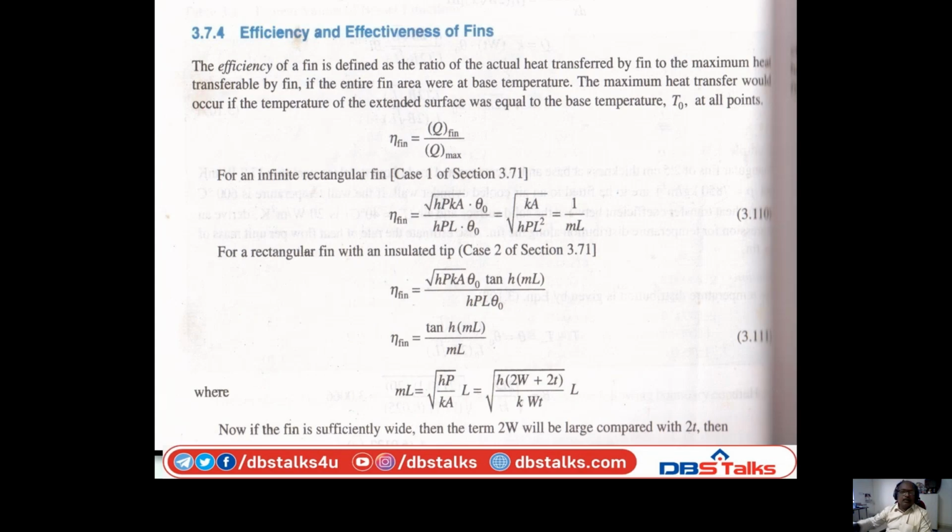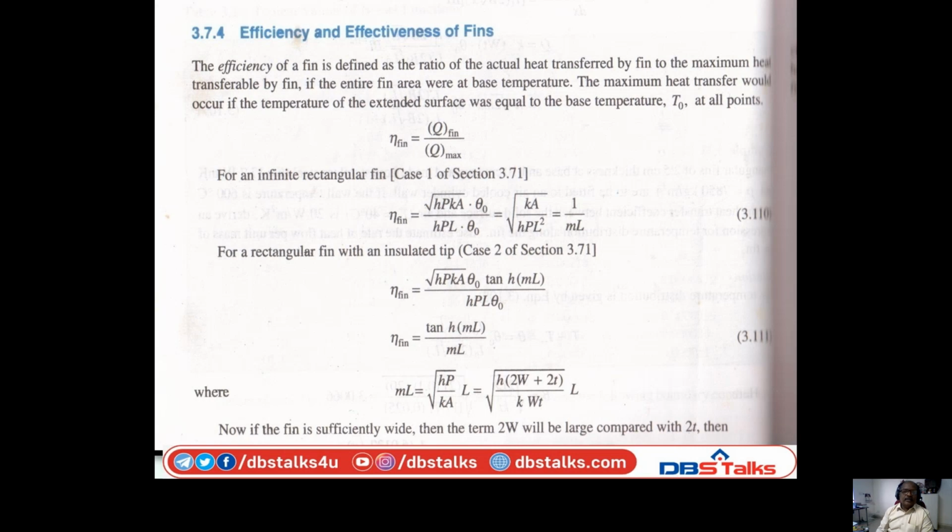Next, fin efficiency and effectiveness. So the efficiency of the fin also we can calculate. The efficiency of the fin is defined as the ratio of actual heat transfer by the fin to the maximum heat transfer by the fin.